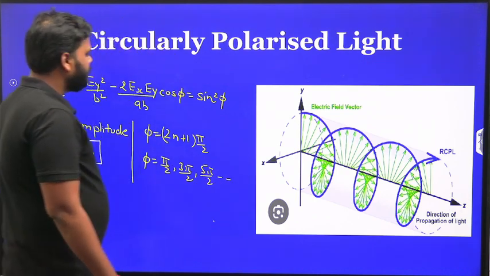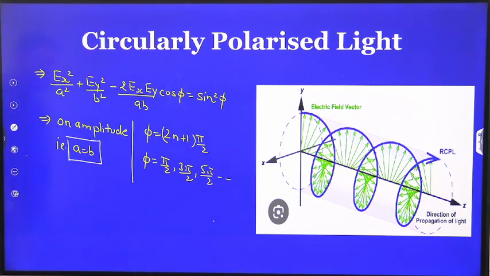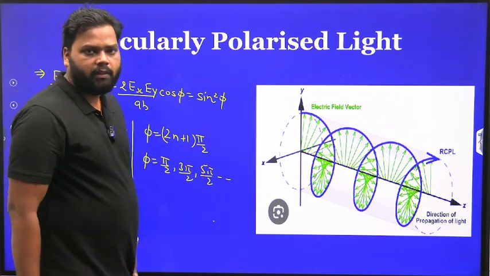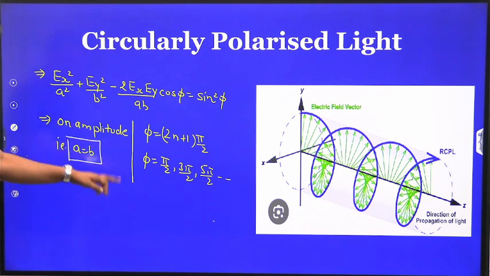If these two conditions are imposed on any light ray's electric field equation, the resultant light will be circularly polarized light. Now let's derive this.